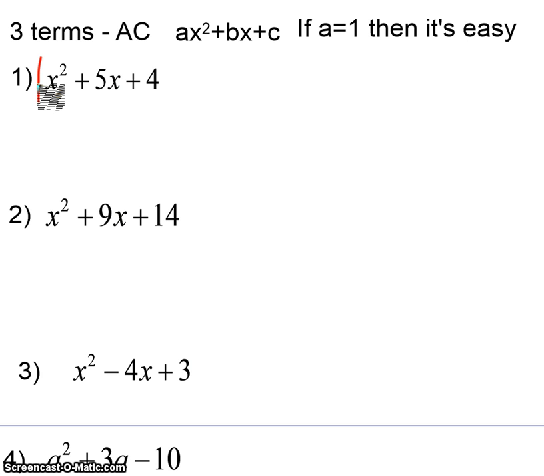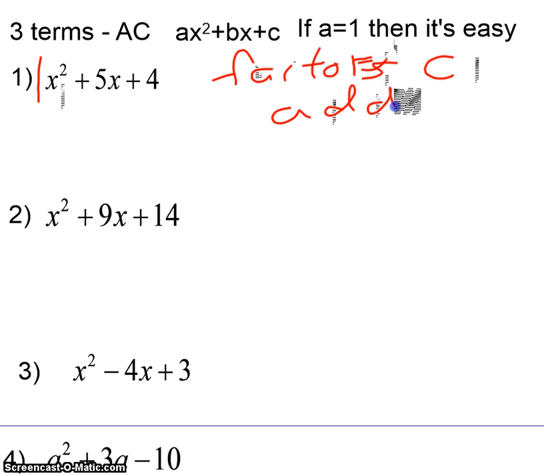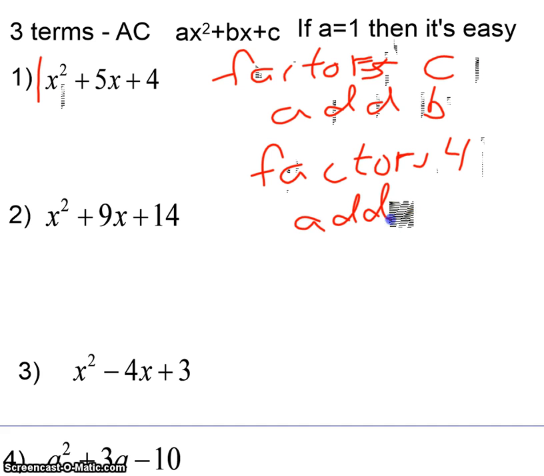And we're always looking for factors of C that add to B. In this case, we're looking for factors of 4 that add to 5.